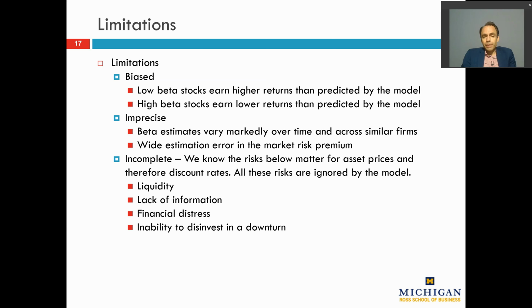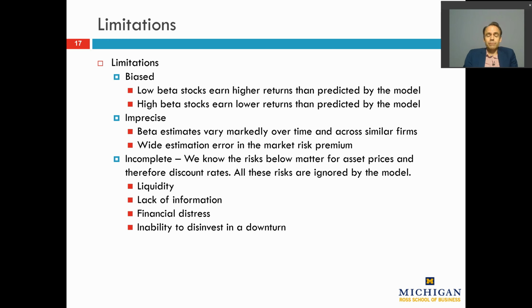If you compare the capital asset pricing model prediction of returns on utility stocks versus the returns those utility stocks actually earn, the returns actually earned are above what's predicted by the model. If you look at expected returns on technology stocks as predicted by the model versus their actual returns, these high beta stocks are below what is predicted by the model.